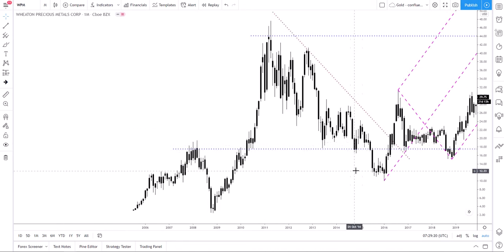Point being, obvious downtrend: lower low, lower high, lower low, lower high. That's the definition of a downtrend. And so here we are on what used to be a support level, and now that support has failed.